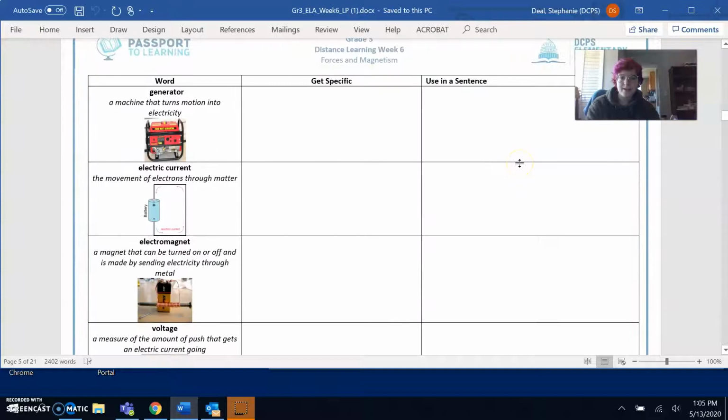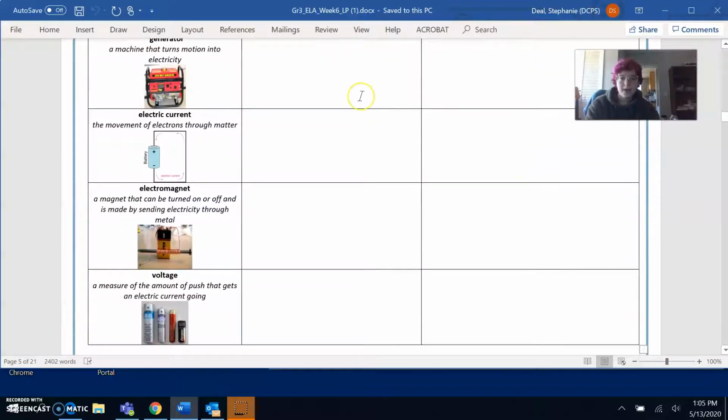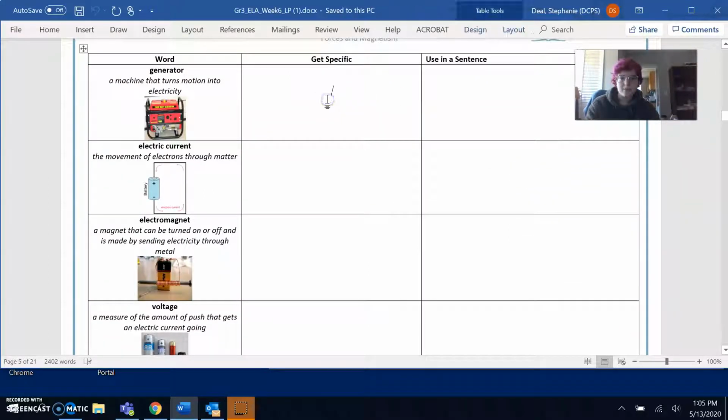So let's go ahead and get started on our vocabulary words for this week. Our first word is generator. In Espanol, generator is generador. A generator is a machine that turns motion into electricity. I'm going to get specific and use an example that I remember growing up.